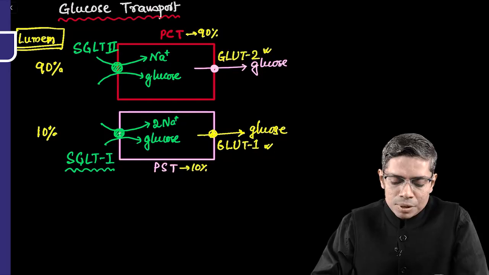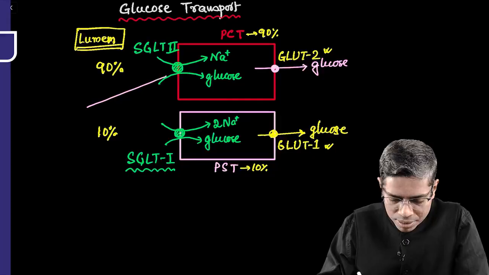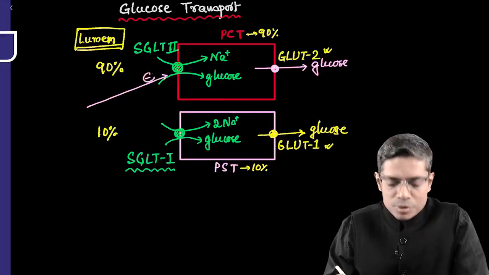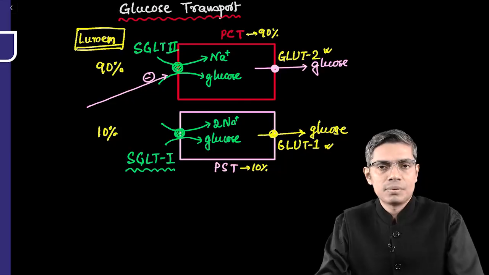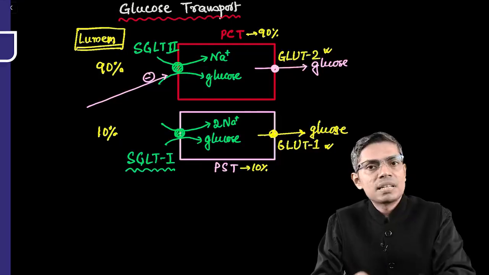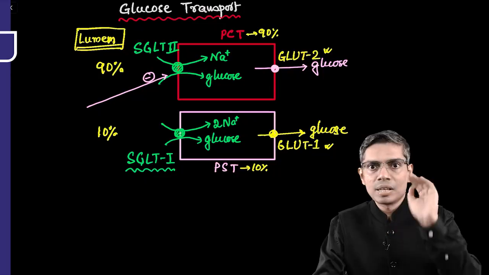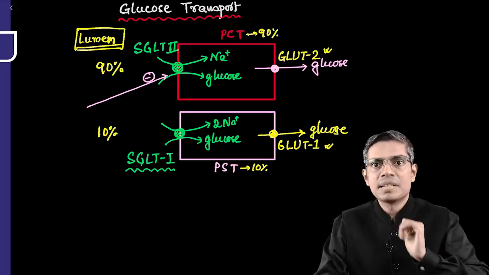tubule. Now, this SGLT type 2 transporter is inhibited by certain groups of drugs. If you inhibit this, what will happen? The filtered glucose will not be absorbed at the level of the proximal tubule, so glucose will be excreted in the urine and your blood glucose will decrease a little bit.